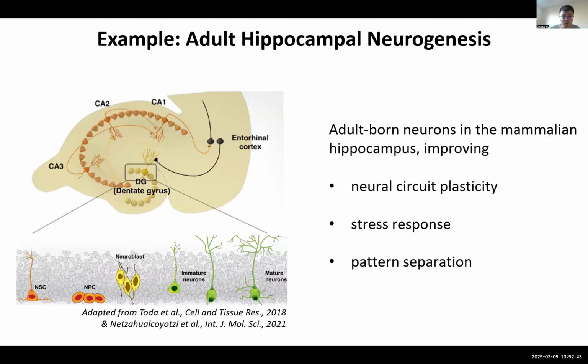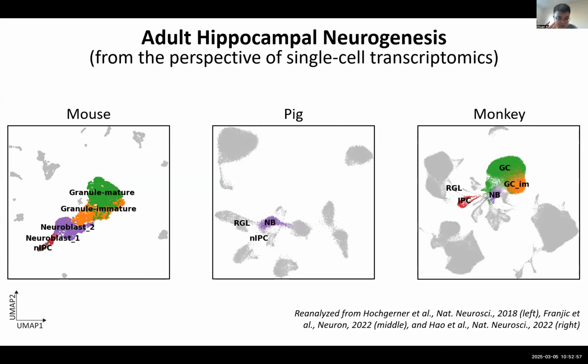This is an important process in most mammalian species with potential implications for neuron circuit plasticity, stress response, and pattern separation. And the single cell technique is an ideal technique to detect such phenomena because a great number of cells will be measured in a single experiment, facilitating detection of real cell populations.